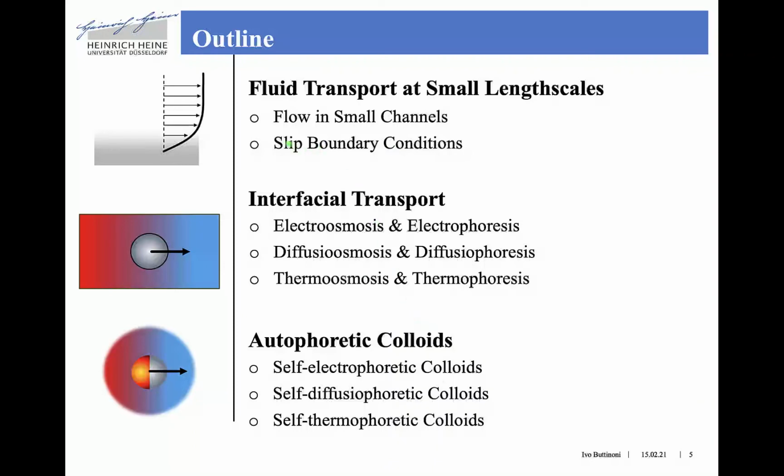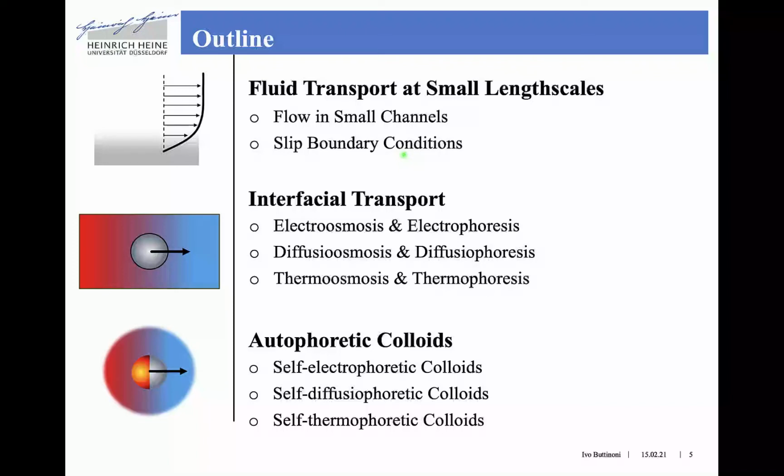Here I will first introduce the field of interfacial transport, and I will do so by considering the flow of a liquid in small pipes. Here we will ask ourselves what happens when the size of the channel becomes very small, and how do boundary conditions change in this situation.